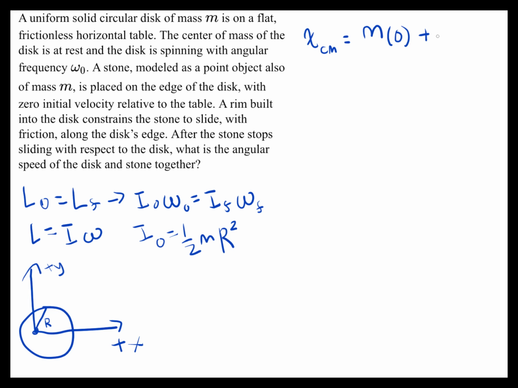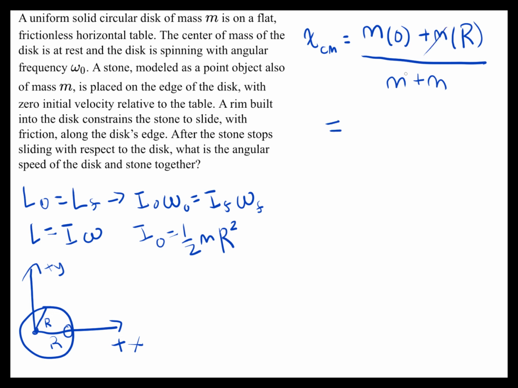The mass of the stone is the same as the mass of the disk, m, and its distance is the radius r. Then we divide by the total mass, since this is a mass-weighted average, which is the sum of the two masses, 2m.